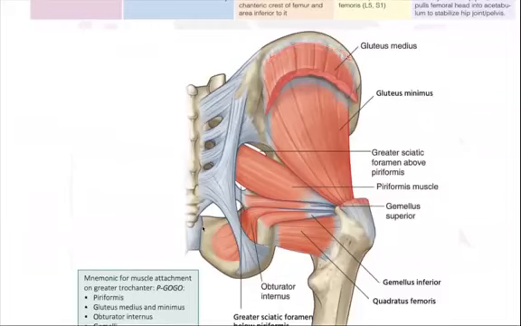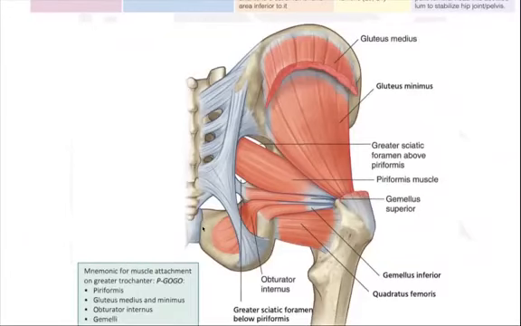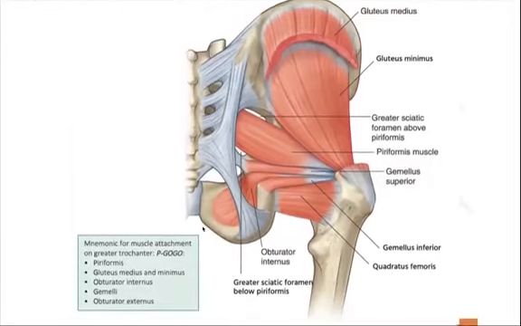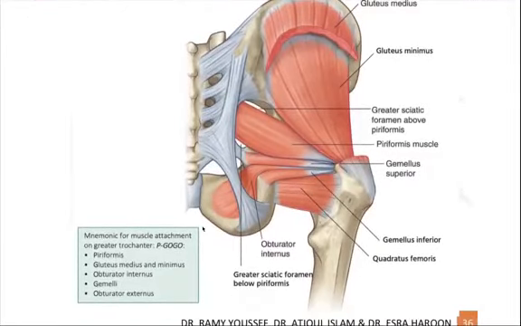And you have to know about other muscles like the piriformis, the gemellus, and the quadratus femoris. So why are those important? Because the attachments over the greater trochanter are those muscles.